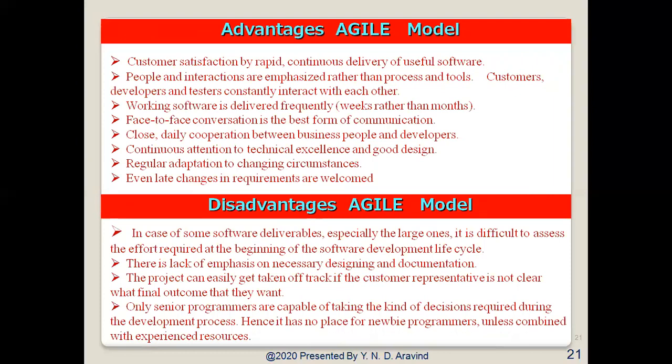Here we have customer satisfaction by rapid or continuous delivery of useful software, people and interactions are emphasized rather than process and tools, working software is delivered frequently, face-to-face conversation is the best form of communication, there is close daily cooperation between business people and developers, continuous attention to technical excellence and good design, and regular adaptation to changing circumstances.